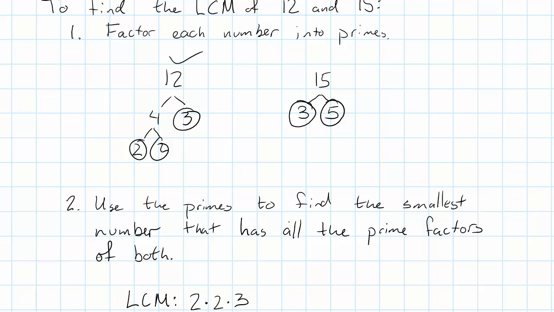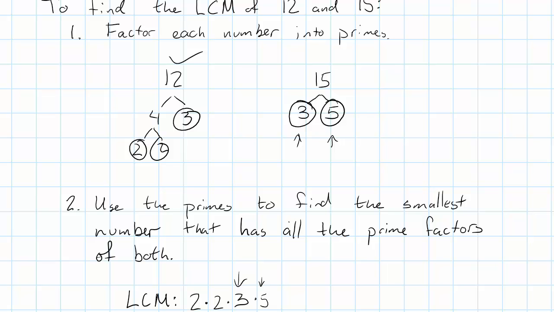Now I turn my attention to 15. To make a 15, I need a 3, but I already have a 3, so I don't need to put anything extra in. To make a 15, I also need a 5. I don't have a 5 yet, so I need to put a 5 in. And that's it, I'm done.